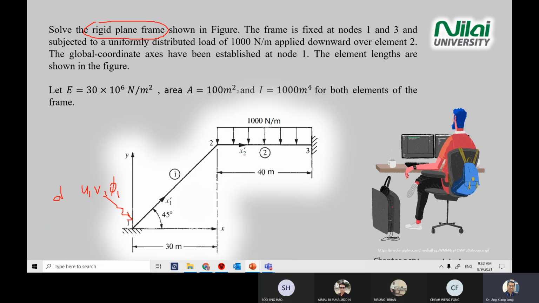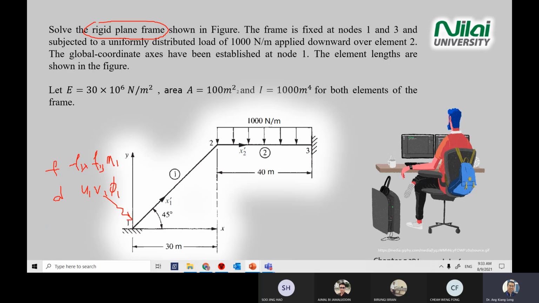This is your D. What about the F? F will give you F1X, F1Y, M1.